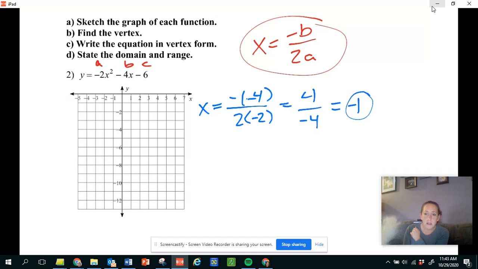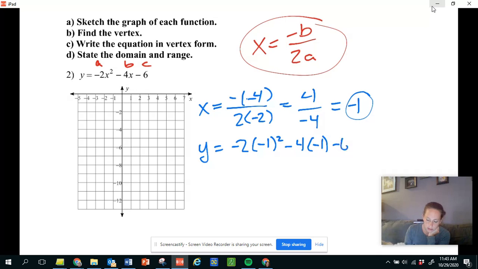For the y, I just take that and plug it into the equation to see what the y would be. So -2 times (-1) squared minus 4 times -1 minus 6. Figure all that out, you get -4. So my vertex is at the point -1, -4.